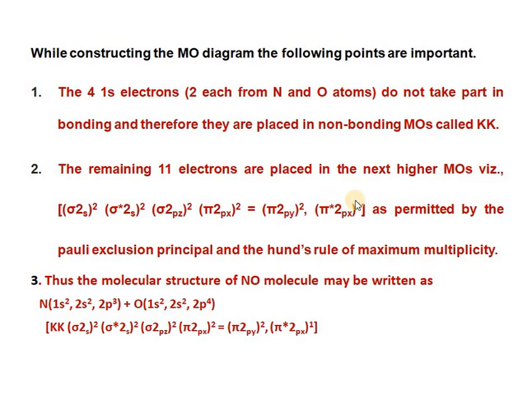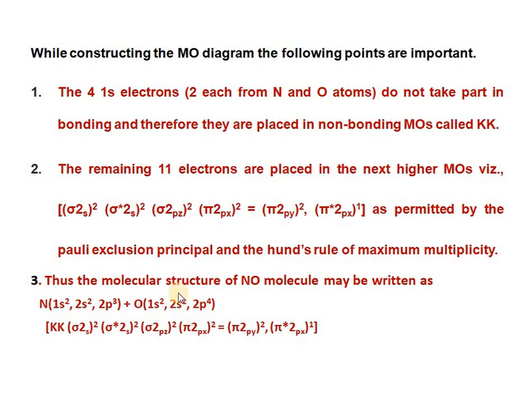So this is the electronic configuration. These 11 electrons can be placed in these molecular orbitals as permitted by the Pauli exclusion principle and Hund's rule of maximum multiplicity.